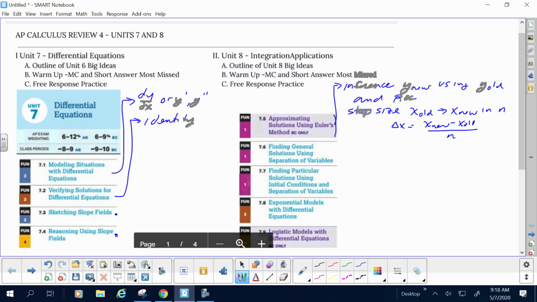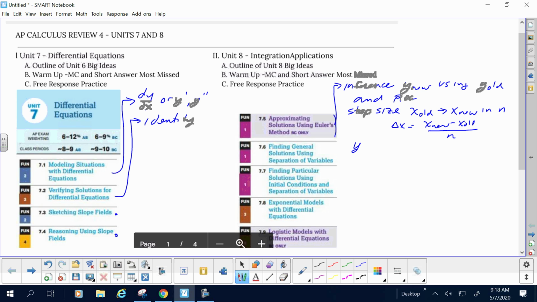If it's the case that you're going to a smaller number, for example, you know x at 2, but you want to estimate what's going on at x of 1, then your delta would be negative. Yeah, that's obvious.